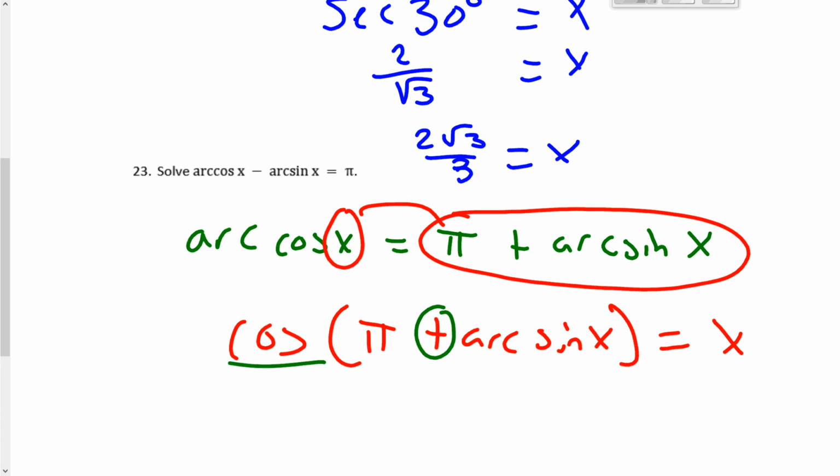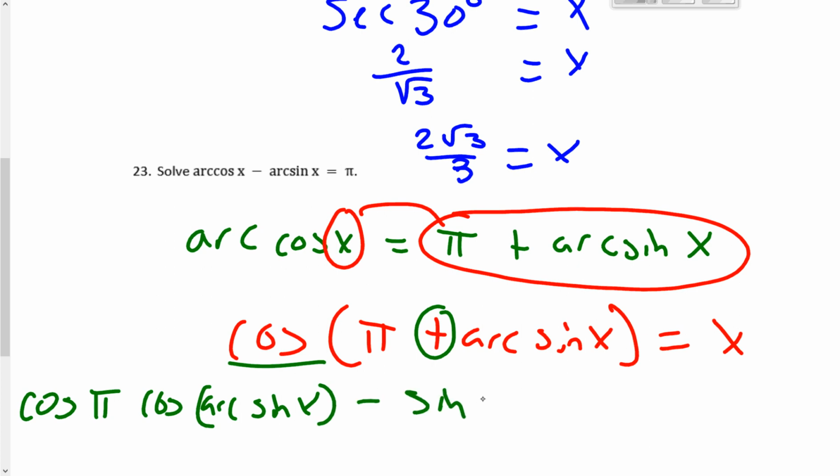So cosine of pi times cosine of arc sine of x, and then switch the signs, and sine goes with the other sine. So sine of pi times sine of arc sine of x, which is just x.